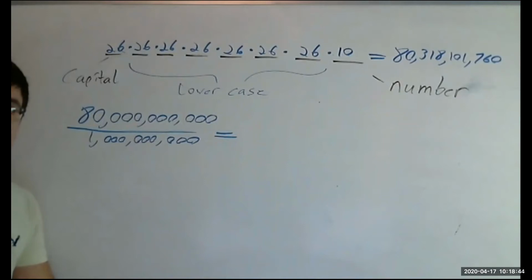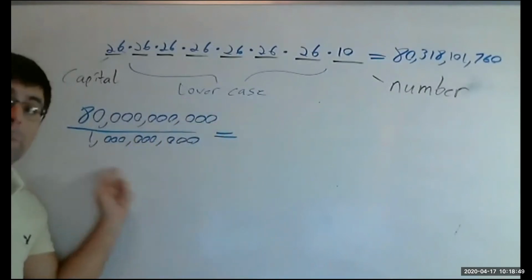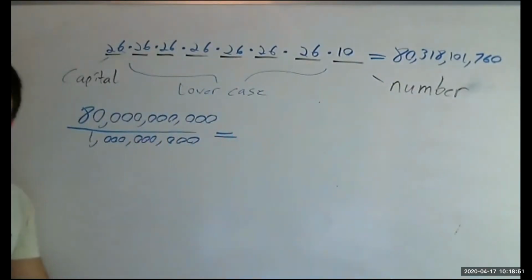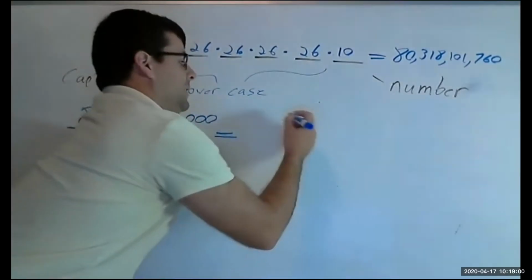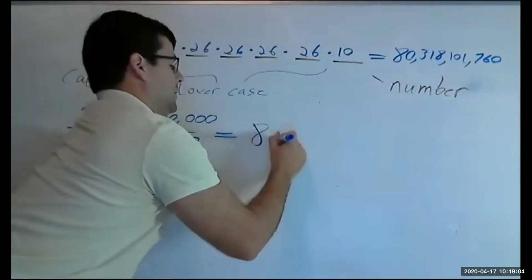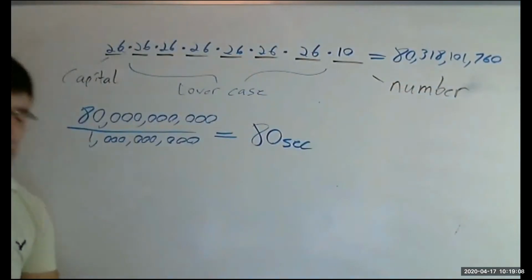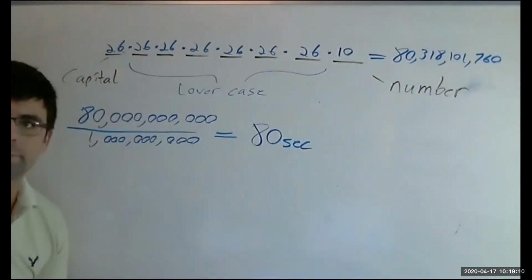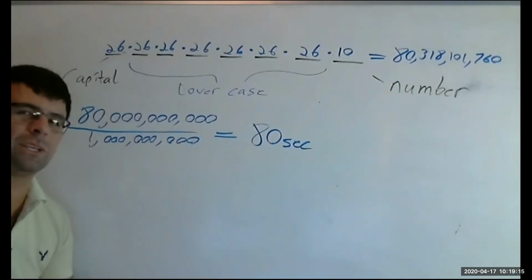What's 80 billion divided by 1 billion? 80. Yeah. So it'll take about 80 seconds to break your password. Not real secure, is it?